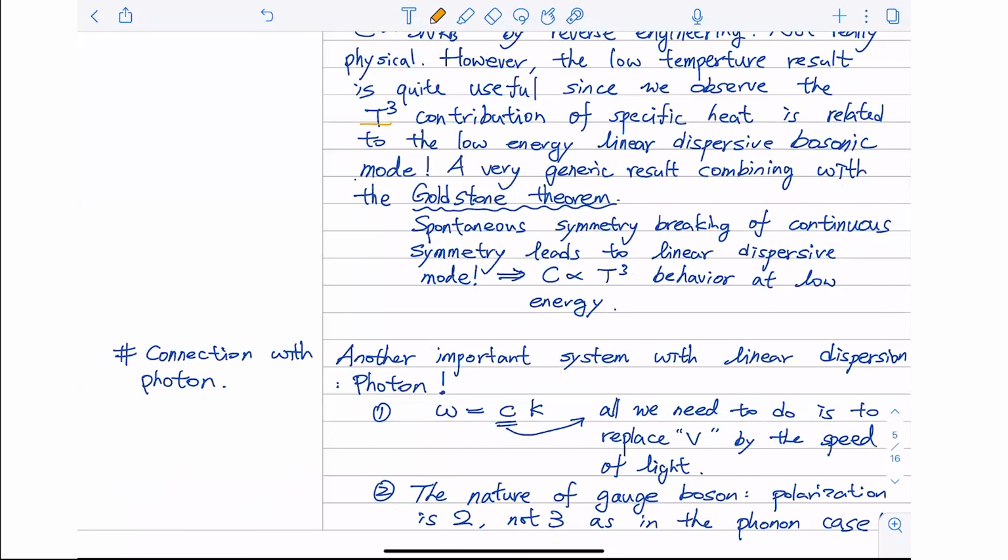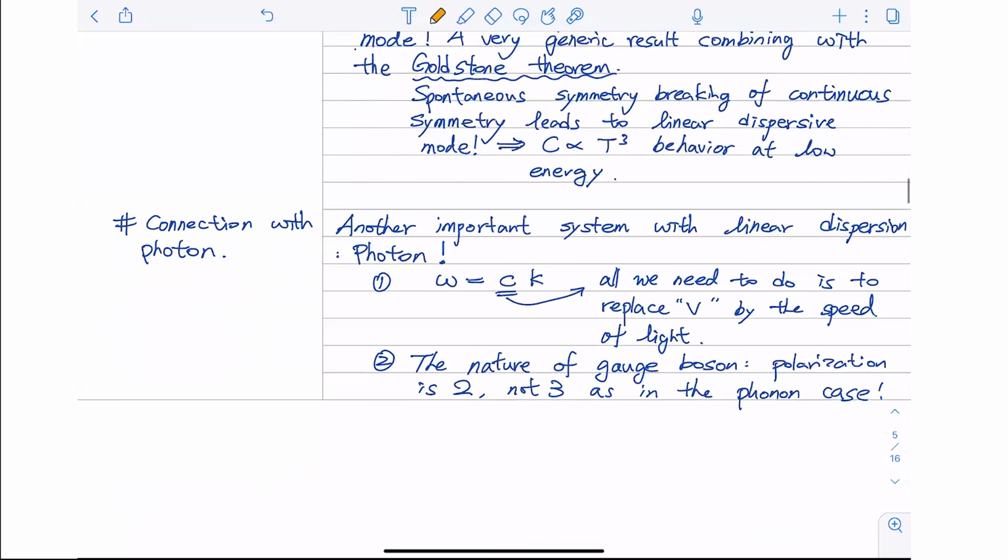The Goldstone theorem, which we also briefly discussed, basically suggests that whenever you have spontaneous symmetry breaking of a continuous symmetry, it usually leads to a linear dispersive mode. And that usually gives you the T cubed behavior in the low temperature specific heat.